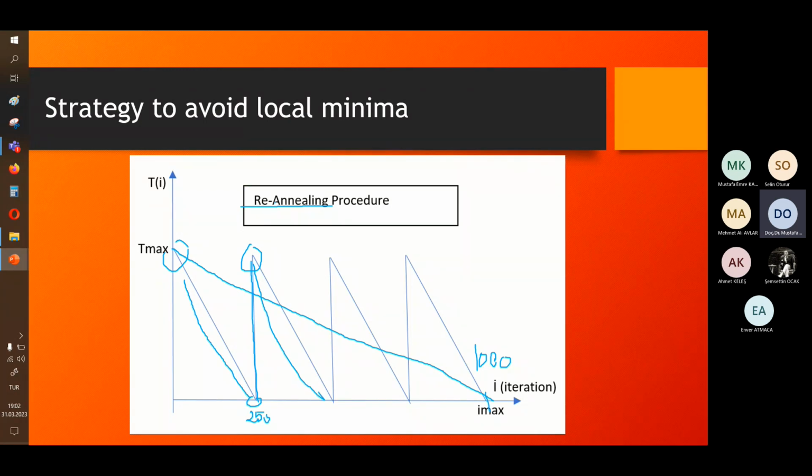It means re-anneal. And then do this 4 times. It means it is as if you are running the algorithm 4 times within the given number of maximum iterations. So applying re-annealing may help us to free ourselves from the local traps.